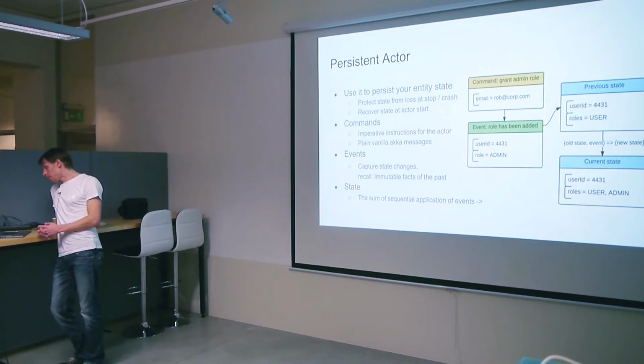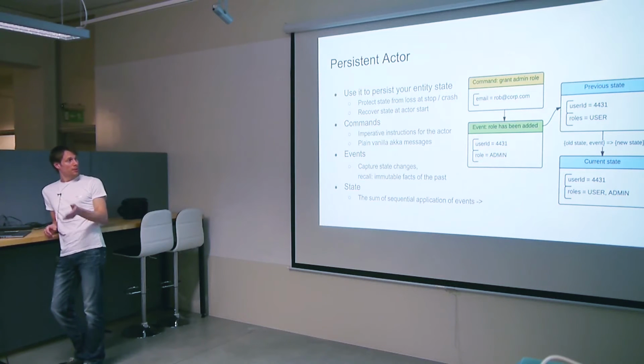Akka persistence deals with the following terms or concepts. There are commands. Commands are basically any Akka message sent to an actor saying, hey, please do this thing, which would probably result in state modification. Events are the same thing as in event sourcing.